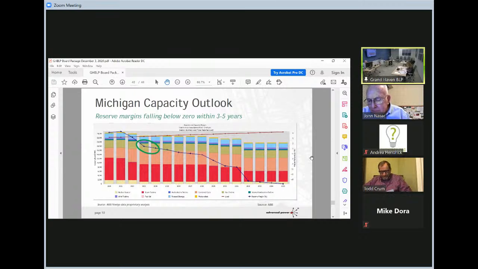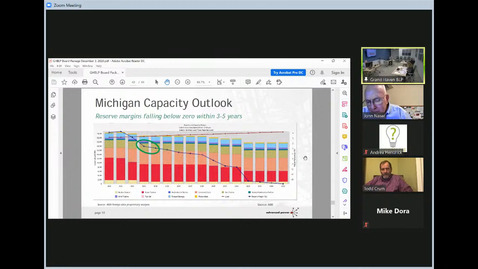And that would imply that the cost of capacity on the market is going to go to CONE, the cost of new entry, which is exactly what happened in the auction this year, because there was no available capacity for 2023 and 2024. So the price went to essentially the cost of a new build.